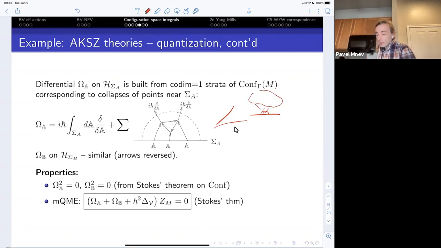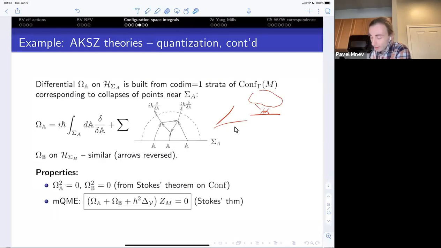These pictures should be evaluated as configuration space integrals in this upper half space, and they give a polynomial expression in A and in derivatives of A. So what you obtain is some complicated higher order differential operator in A, which is this boundary field, with complicated coefficients given by configuration space integrals.